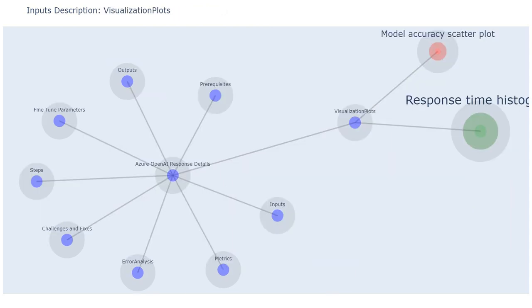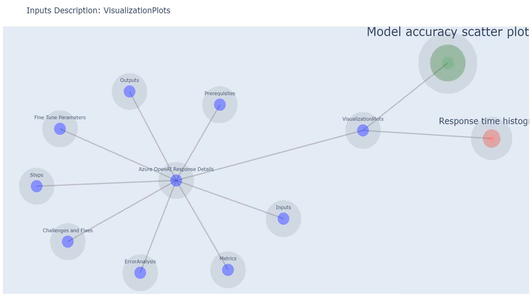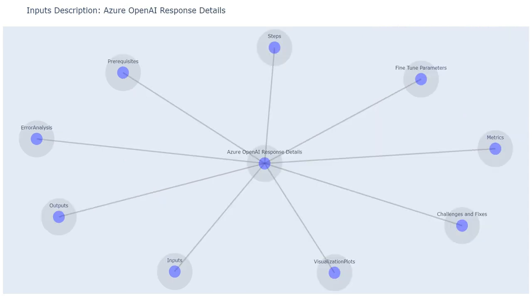Visualization plots description. A histogram visualization depicting the distribution of response times for multiple requests to the Azure OpenAI API. A scatter plot showing the relationship between model accuracy and other factors like the size of the training data, model parameters, or prompt complexity. Error analysis description.